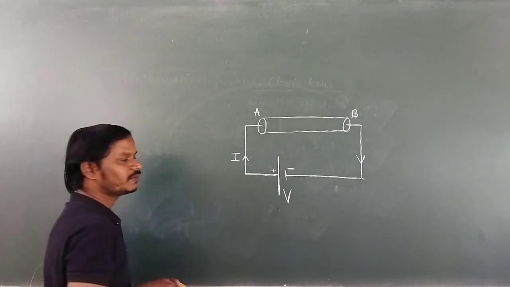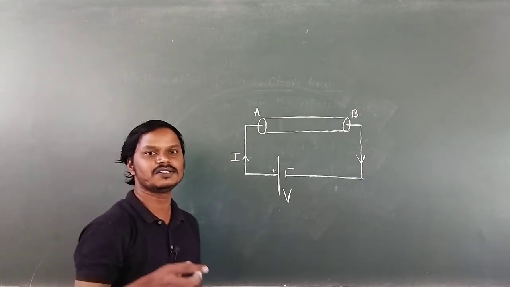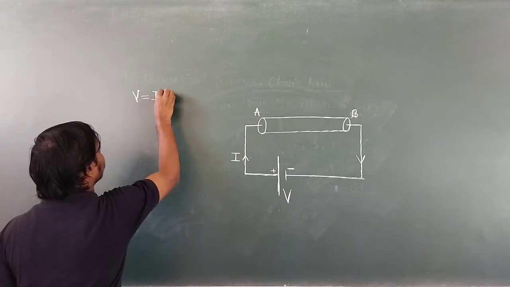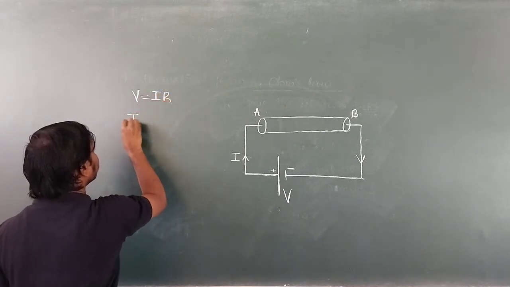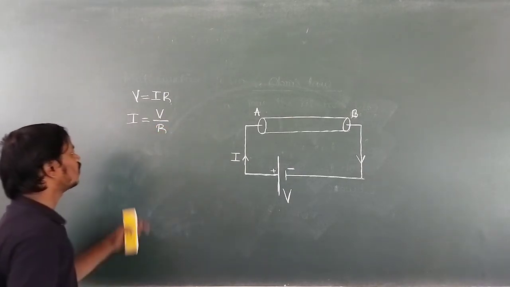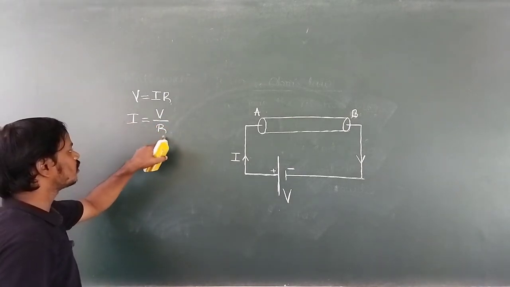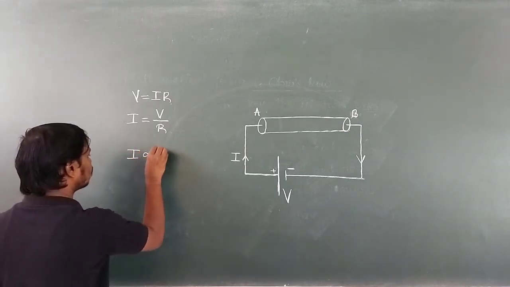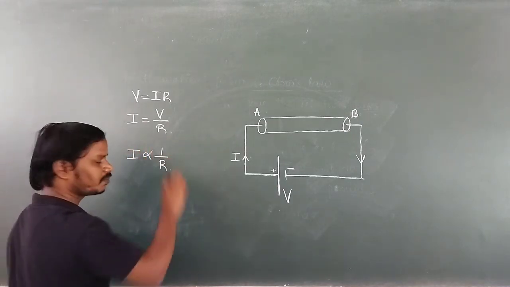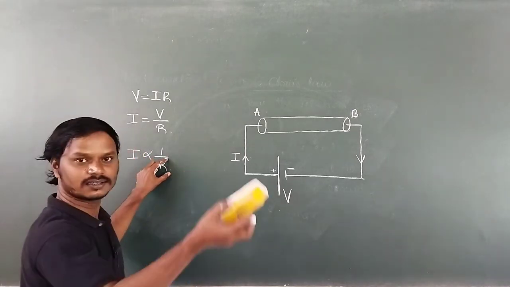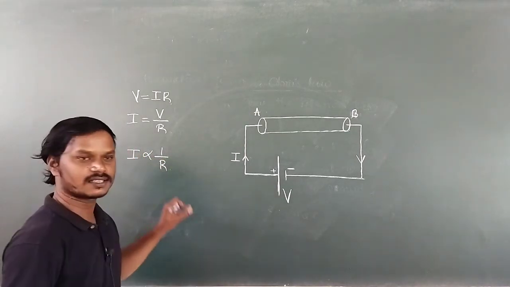So the mathematical expression for Ohm's law is V is equal to I into R. Then I is equal to V by R. Then I is inversely proportional to the resistance of the conductor. Means as the resistance of the conductor increases, the current decreases.